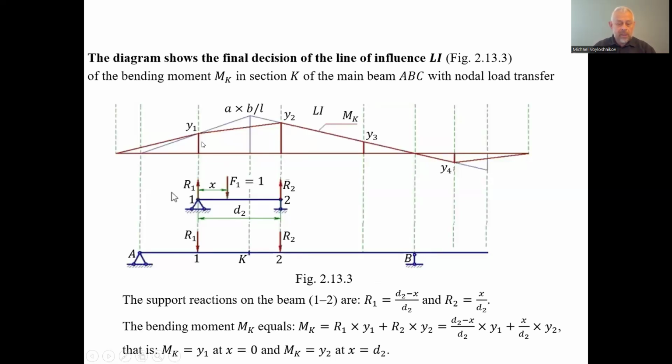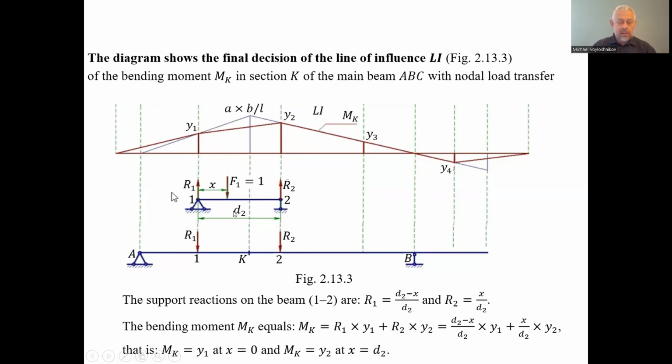We can consider the span of the main beam between the 1st and 2nd supports, the 1st and 2nd cross beams, which communicate the force from the unit load to the main beam. These are the 1st and 2nd supports of the second panel.